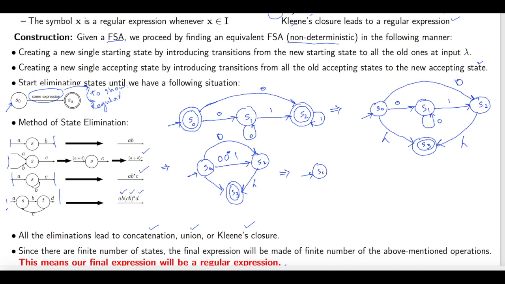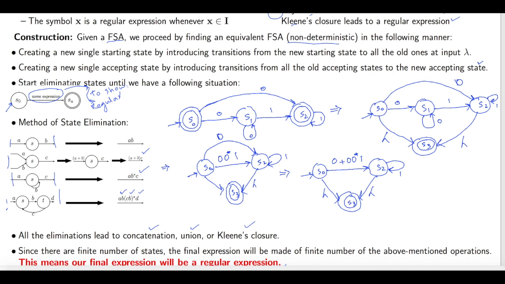This is S0 here, and then here I should write 0 plus 0, 0 star 1, and then S2, and then we have the same situation, lambda here, and this is the final state S3 here. And of course I forgot this one here.